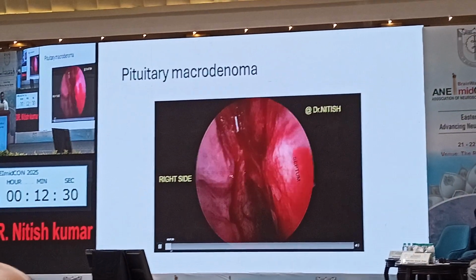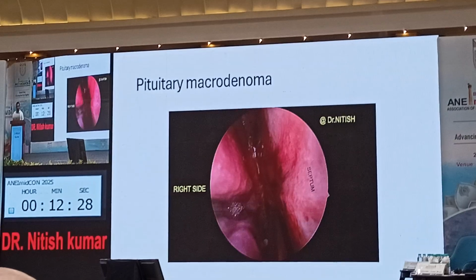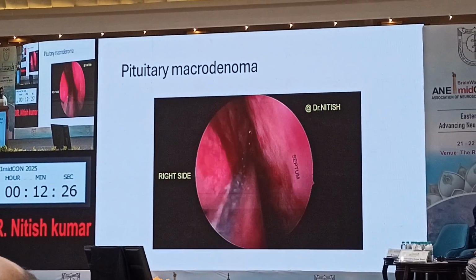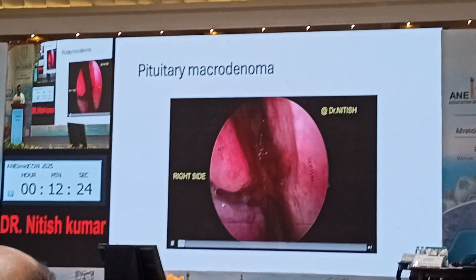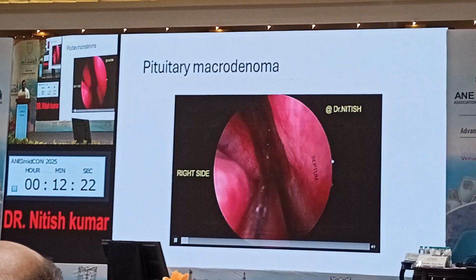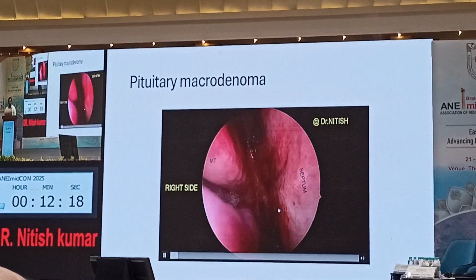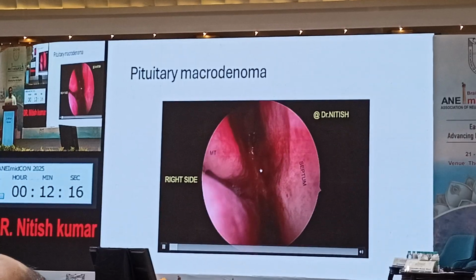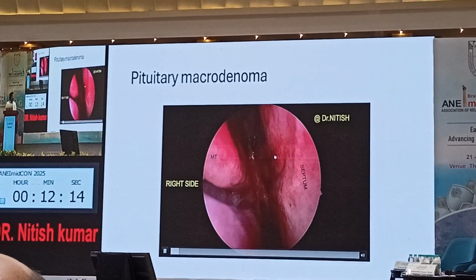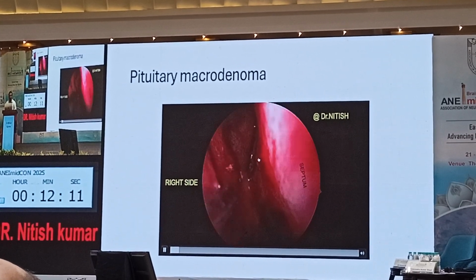First the endoscope is introduced along the base of the nasal floor. Here we can see the septum, middle turbinate, and above we have the sphenoid sinus.